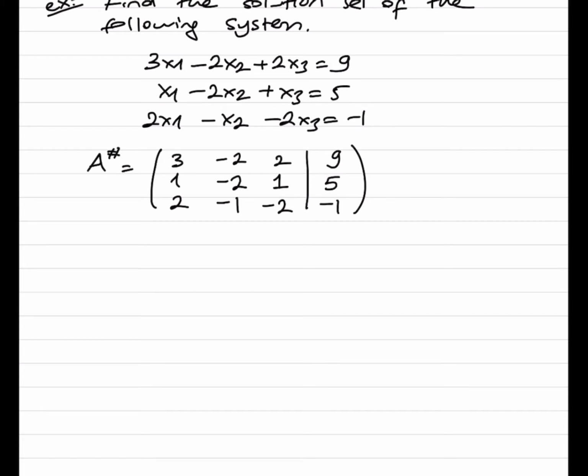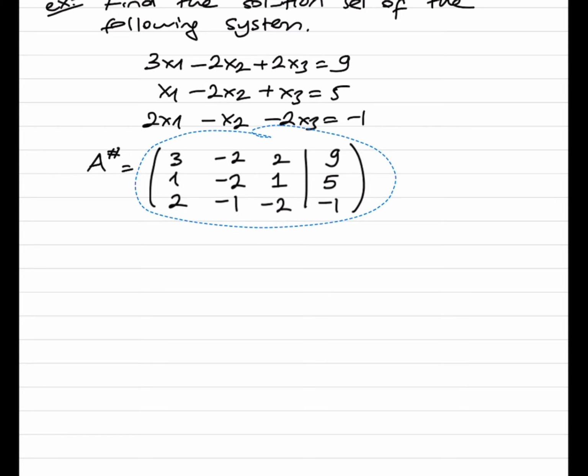The other thing we can do is, since we already have 1 here, we can change the rows. So let's start finding the row reduced echelon form of this matrix.